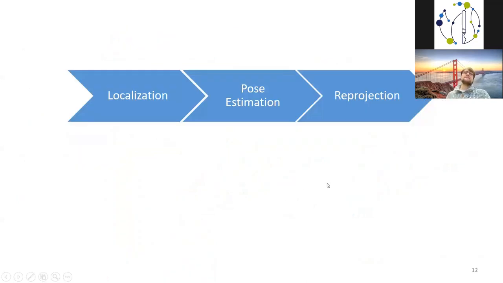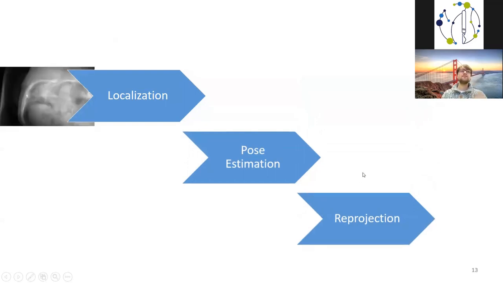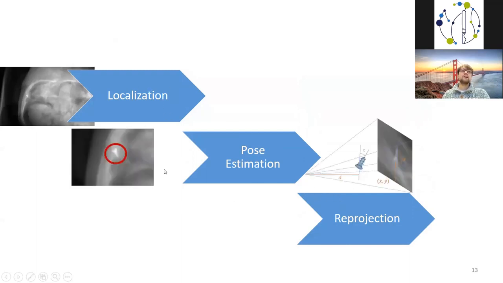So with that all said, we have to define our own problem here. We look at this whole process and separate it into some sub-steps. Those sub-steps are, first, localization, then pose estimation, and then finally, reprojection. If we separate this process into these subtasks, then we have the initial X-ray image in the very beginning, and then we get a localized position, which is a 2 millimeter accurate position.